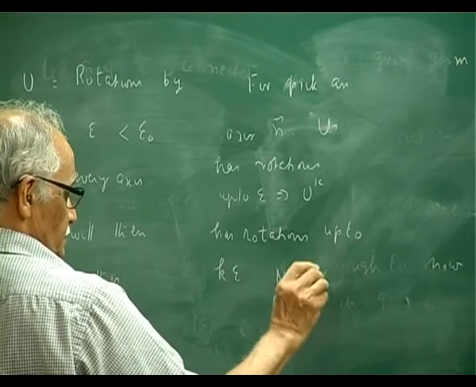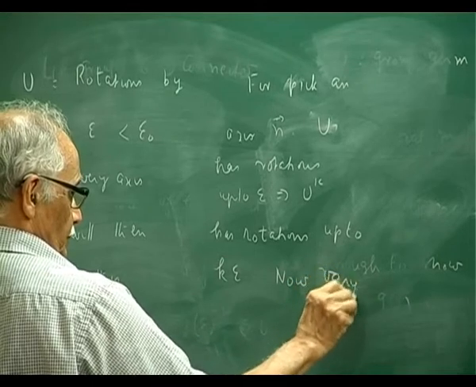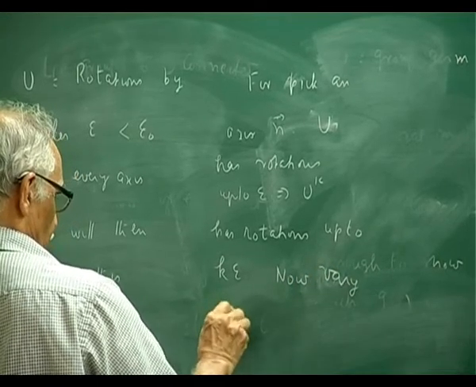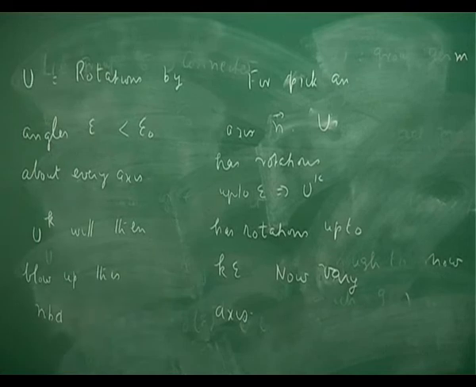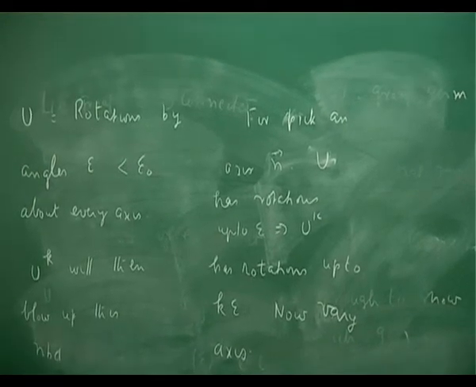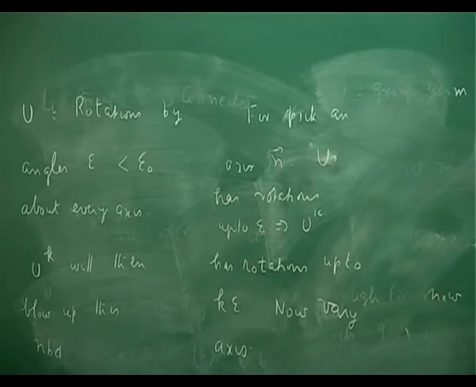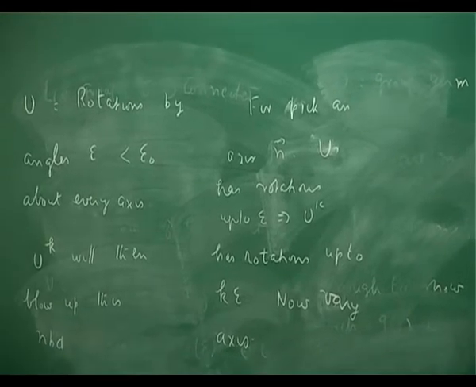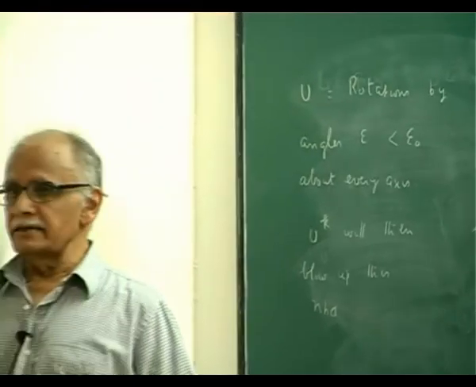Now vary the axis. Then you get all possible rotations in the entire group. So the neighborhood of the origin somehow contains the information about the global group. This is very similar.